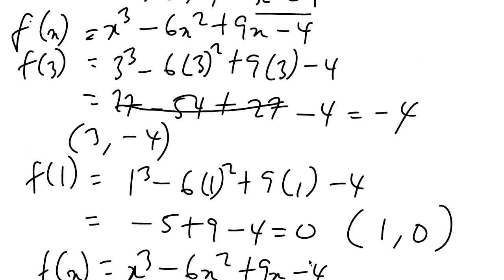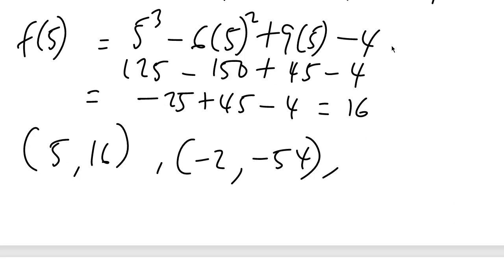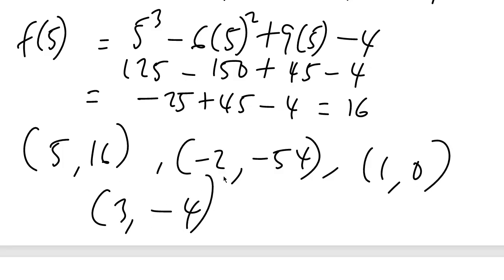When we substituted 3, are you seeing it? We had negative 4. So 1, 0, 3, negative 4. So among these 4 values, which one is the lowest? This one. Negative 2 comma negative 54. And that's the absolute minimum point.